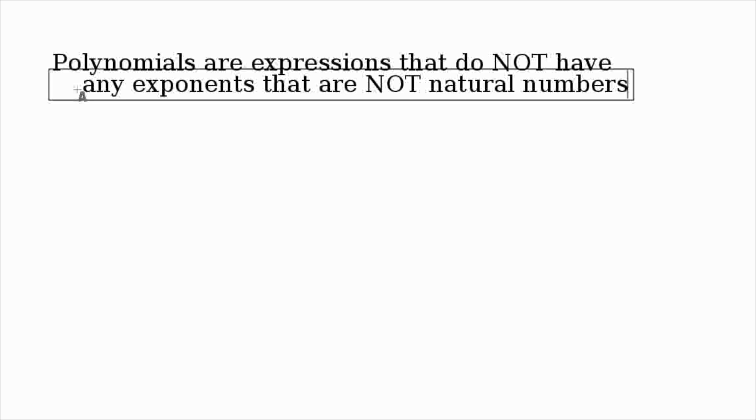That means 0, 1, 2, 3, 4, 5. So you can't have fractional exponents. You can't have negative exponents. Okay, so that's one criteria to join the club, is only simple natural number exponents.